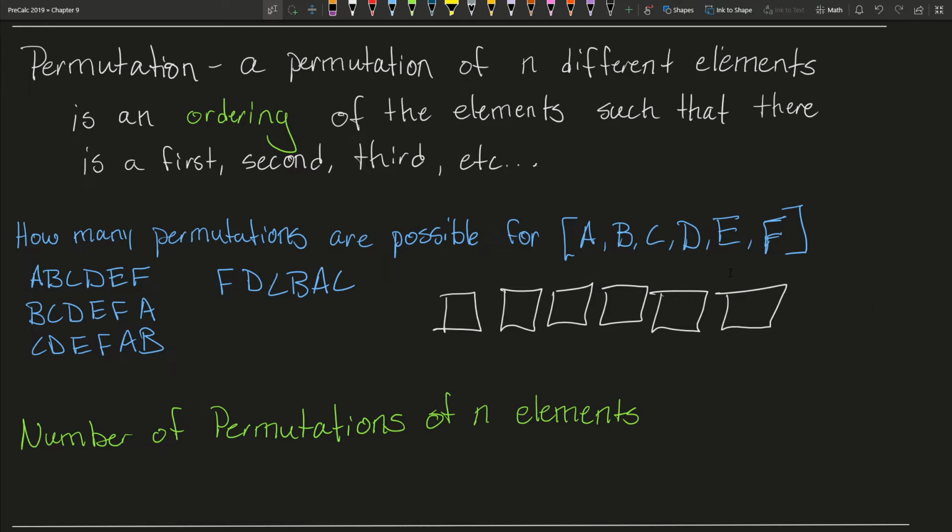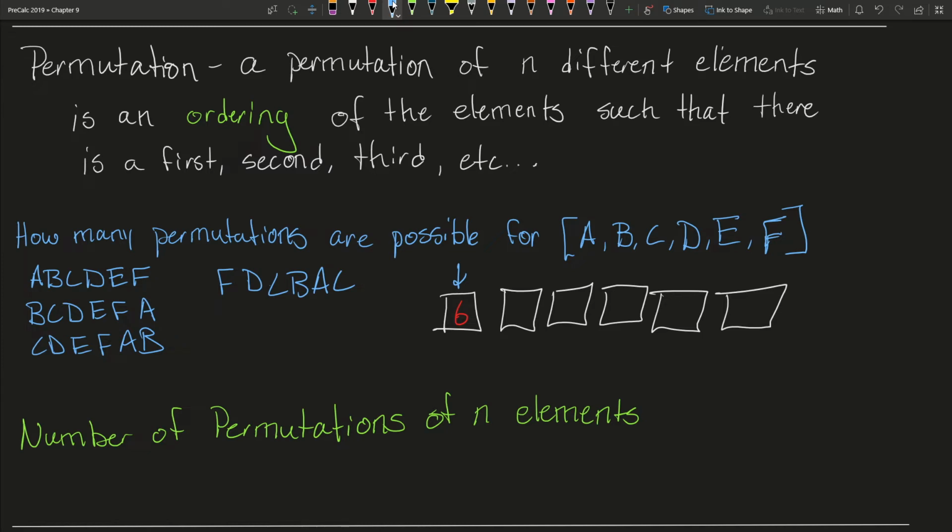So again, we use that fundamental counting principle. In the first position, we can have any of these 6 letters. So there are 6 possible letters that can go in that first position. After we use that first letter, there are only 5 left.